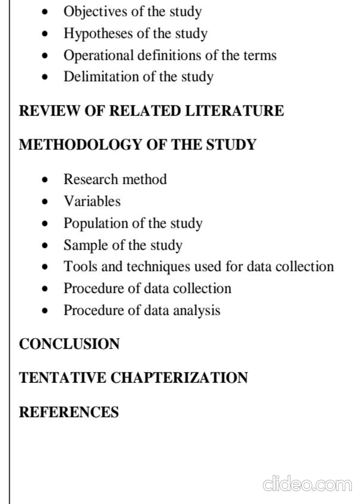Okay, so thereafter you have to conclude. After concluding it, you give the tentative chapterization. So in your dissertation you might have proposed 5 chapters. Chapter 1, introduction. Chapter 2, the review of related literature.